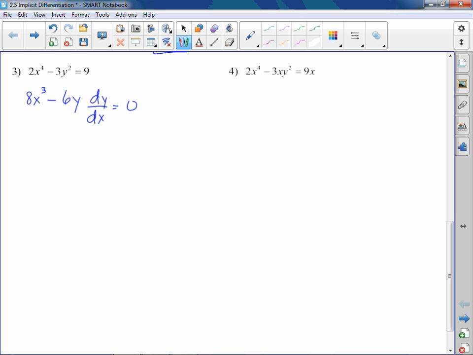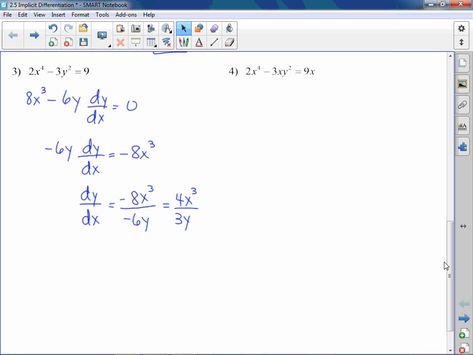So let's subtract the 8x cubed, and divide by the negative 6y. All right, so let's reduce that. We're going to make it positive. It's going to be 4x cubed over 3y.